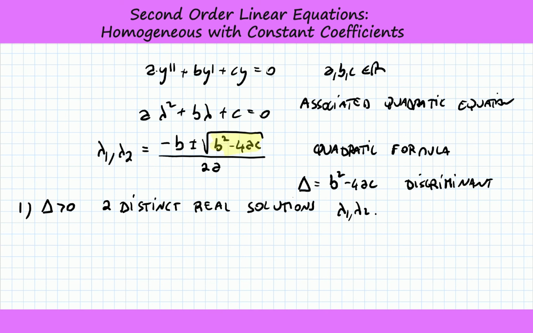Due to the linearity of this equation, I can find the general solution by taking a linear combination, which means I will have c1 times e to the lambda 1x plus c2 times e to the lambda 2x, where c1 and c2 are real constants. Okay, as they vary, this gives me all possible solutions of my differential equation.